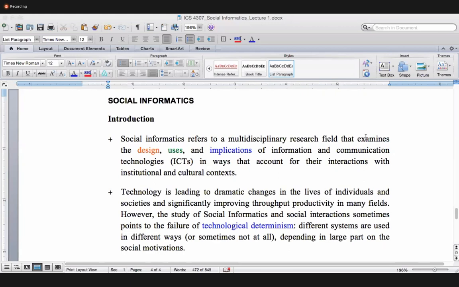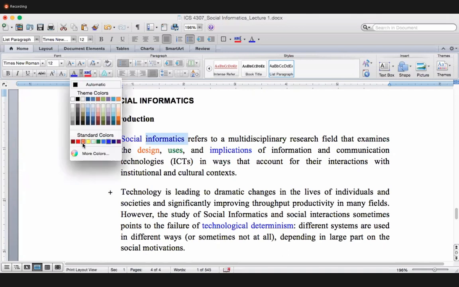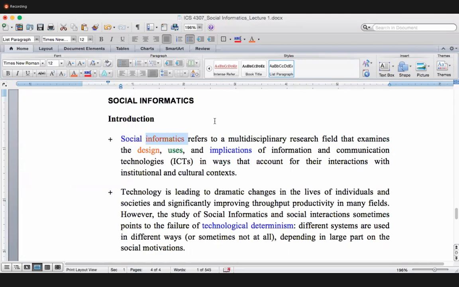So basically, we are trying to bring in the social aspect, what you can see here, social, and then informatics, really meaning through technology.